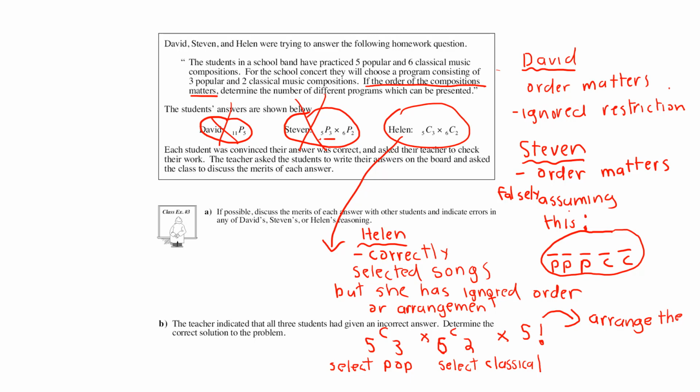Because there are 5 objects, we arrange them 5 factorial. Select and then arrange. I don't actually have my calculator with me, but I worked it out a few minutes ago, and I think it's 18,000.